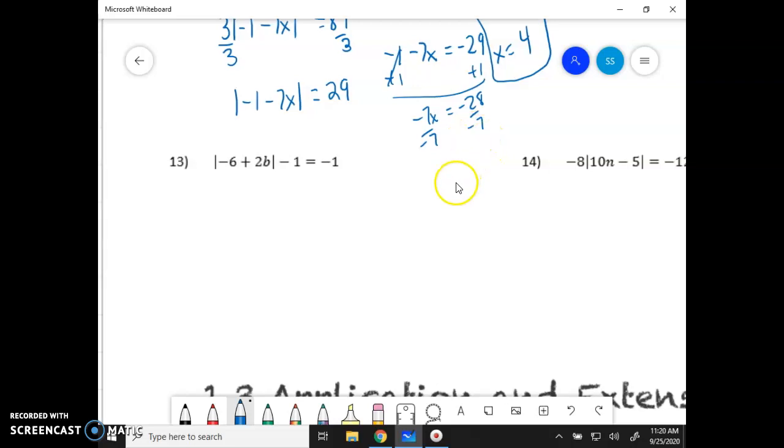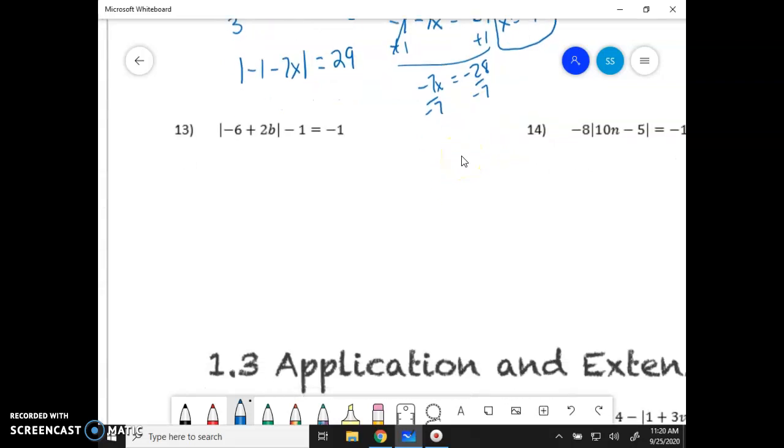13. Ooh, this is a good one to do. This is going to be kind of a unique one. First thing I want to do is move anything outside the absolute value bars, which would be this subtract 1. So we need to add 1, and we're left with the absolute value of 6 plus 2b is equal to 0.